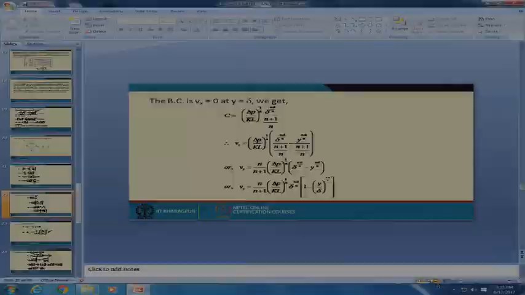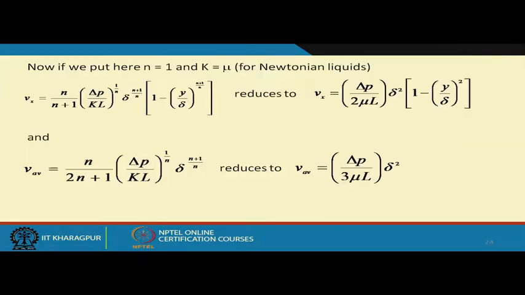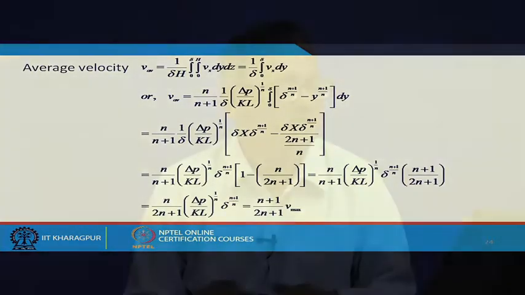We found out the average velocity, and it was (n plus 1) by (2n plus 1) times V max, right.